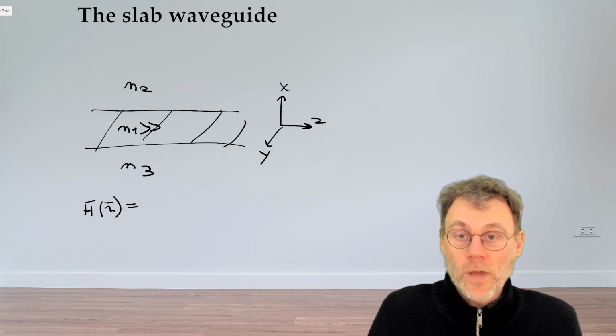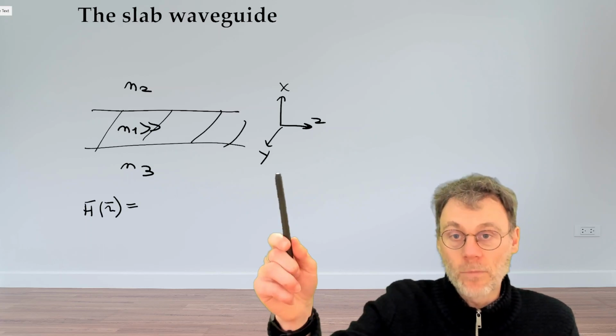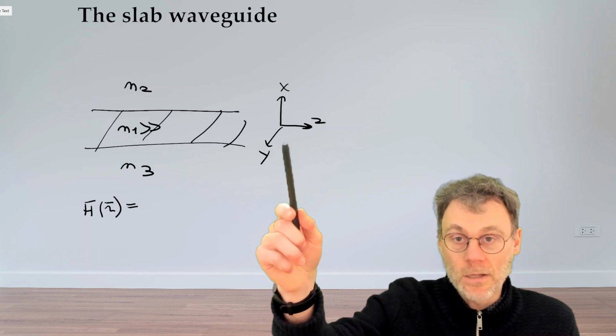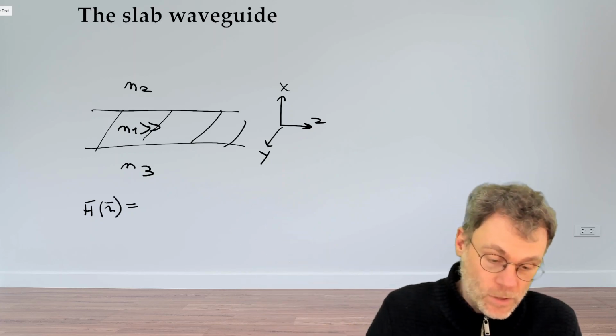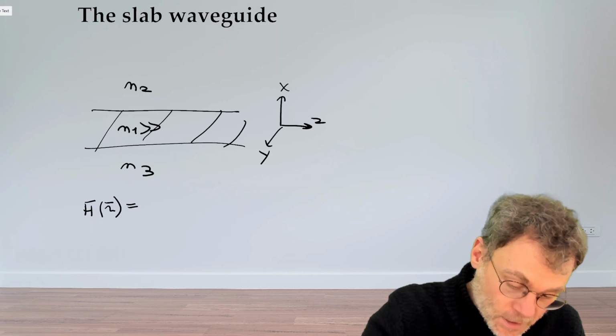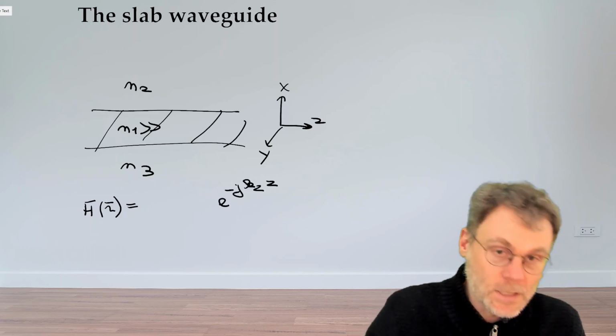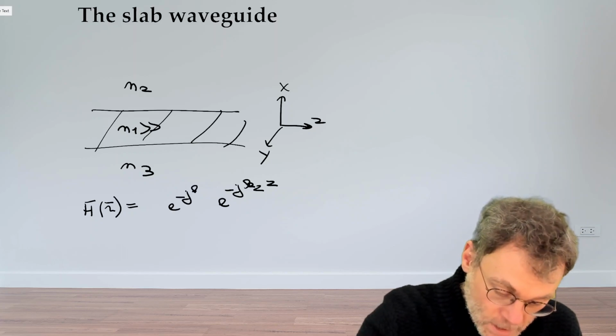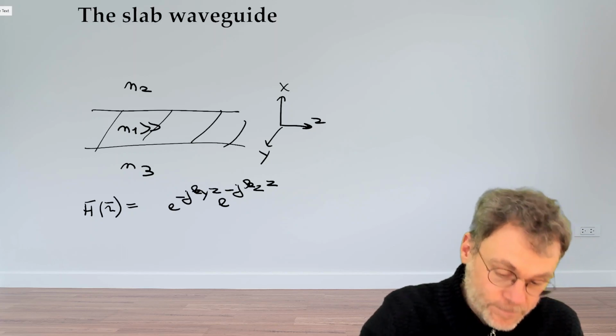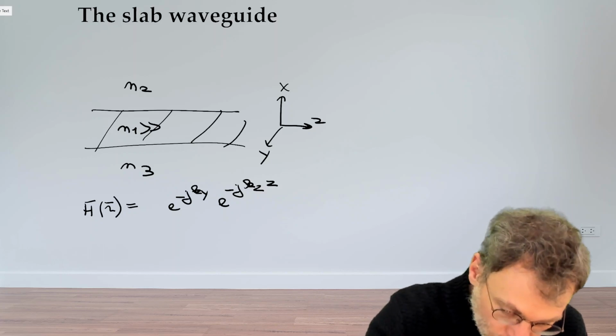In this case, we have continuous translational symmetry both in the Z direction and in the Y direction. So from the previous videos, we know that in terms of Z dependence, that means that we have something like exponential minus j kz z. And then we also have something similar for the Y direction.